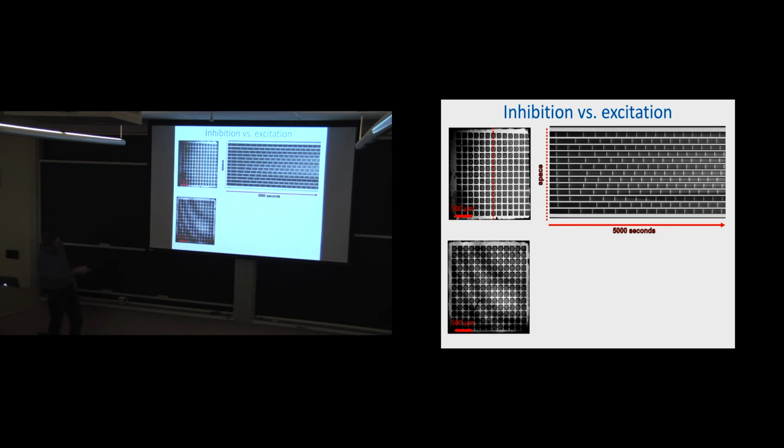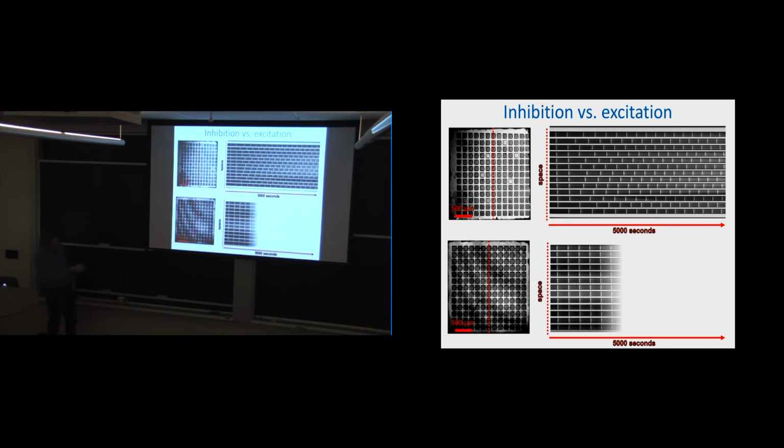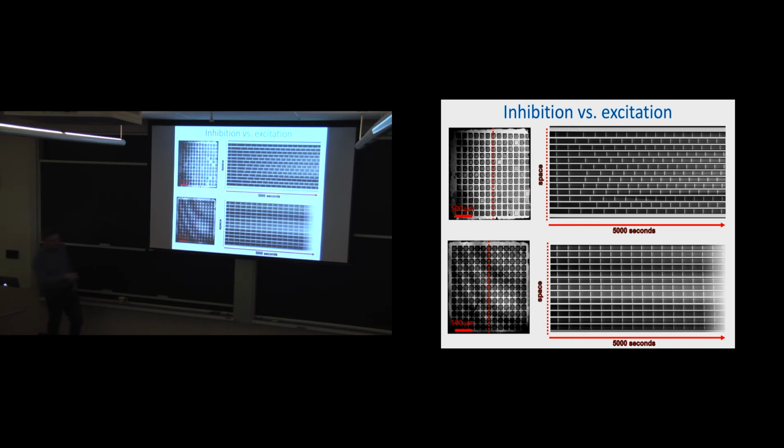But here we've made little channels between all of the wells. When you follow this one as a function of time, you see that they stay in phase, so they're excitatory coupled. There are these little tiny channels that let the activator come across.